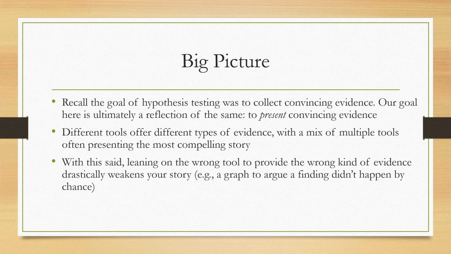In the words that we'll talk about in this lecture set, they're leaning on the wrong tool or type of evidence to provide the foundation or the strength of their argument. They're trying to convince people using the wrong type of evidence for the wrong type of claim. And ultimately, what this means is you leave holes in your story.